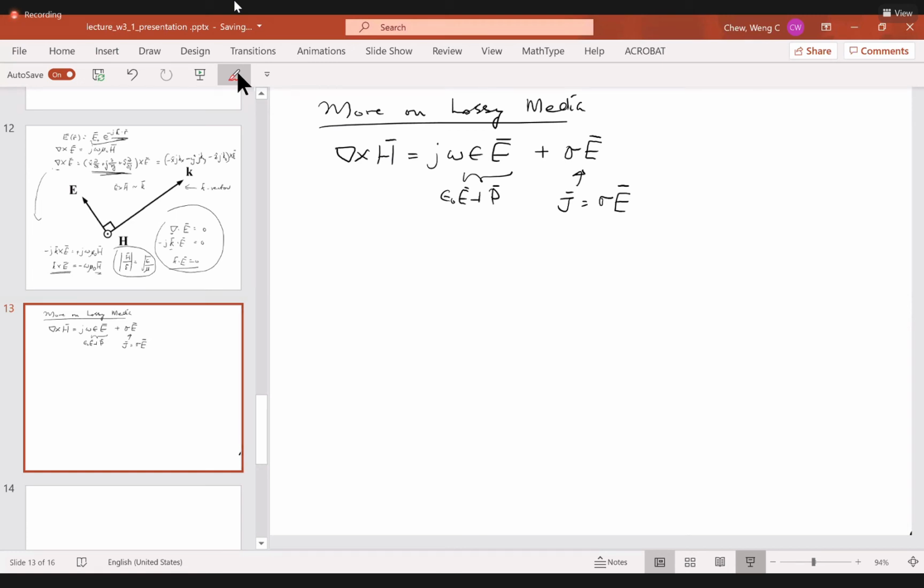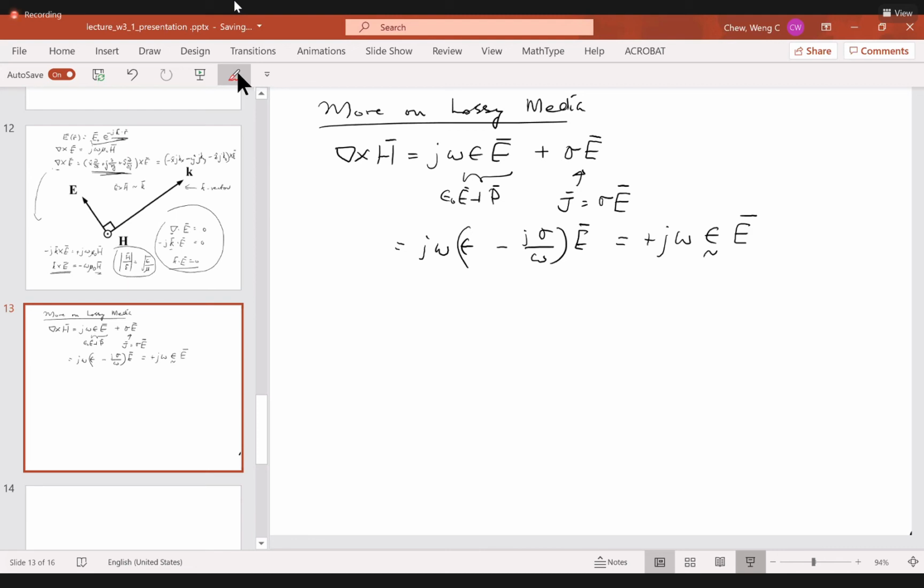You can see that in the frequency domain, things actually become very simple. The right-hand side can be written as j omega epsilon, which includes all kinds of material properties that can vary in P, plus the second term, which I can write as minus j sigma over omega E. I can just combine the two, and write it as j omega epsilon tilde times E. You can see how powerful this is.